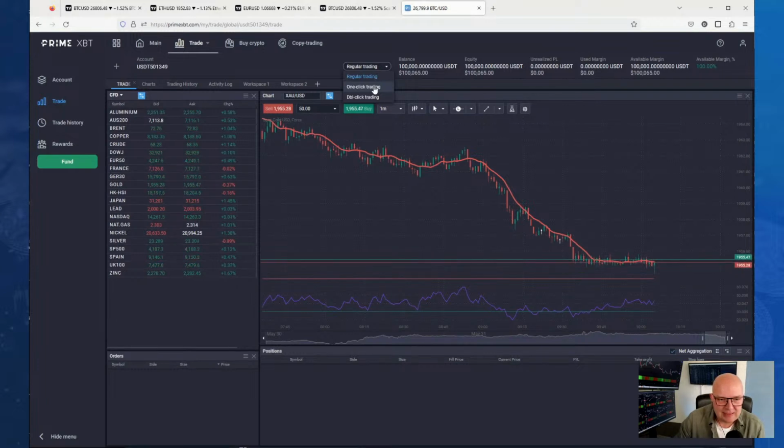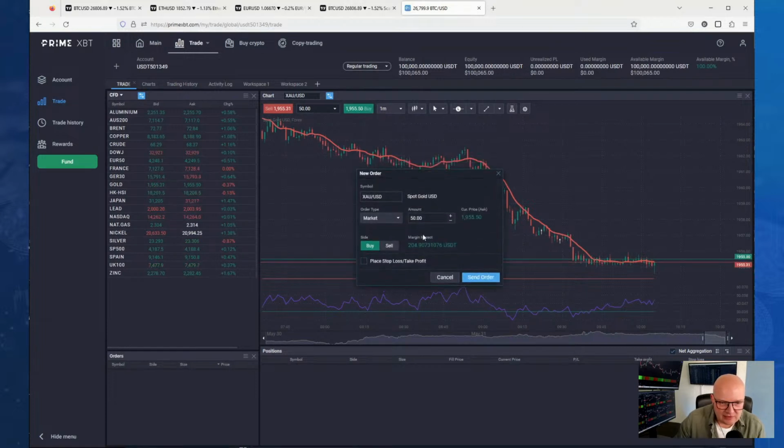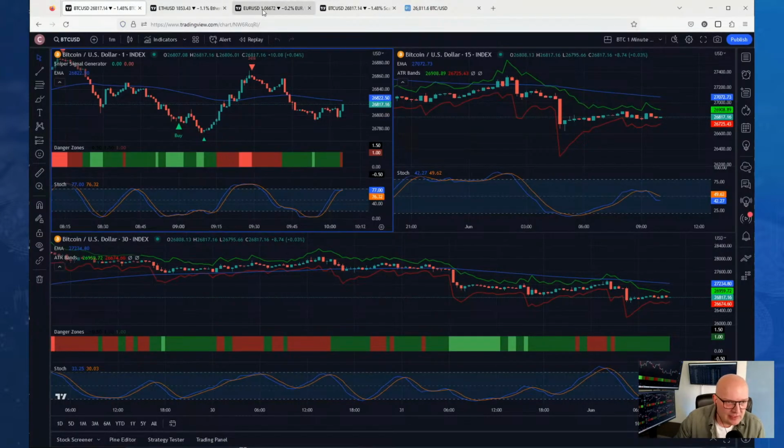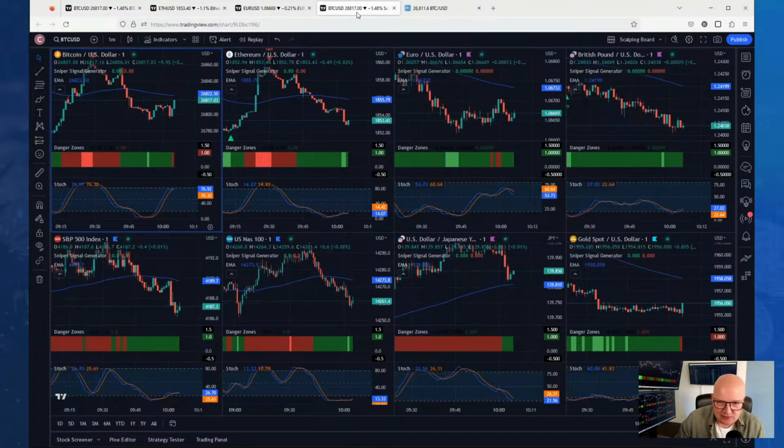Normally when you buy with regular trading, there's a confirmation window, so I need to click 2 or 3 times. But since we are scalping the markets today, it's important to be fast in our order execution. If you do this for the first time, a window might pop up which warns you, do you know what you're doing? So be warned, don't do the clickety click. You don't want your orders to be executed like 5 times. It happens. And yeah, we are going to wait now for the first signals to appear.